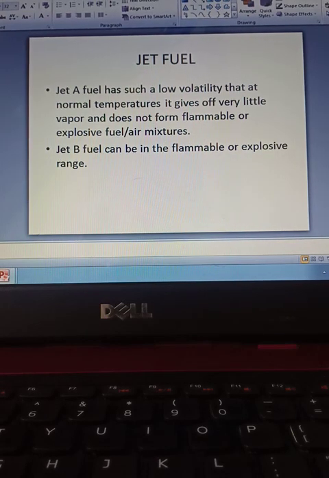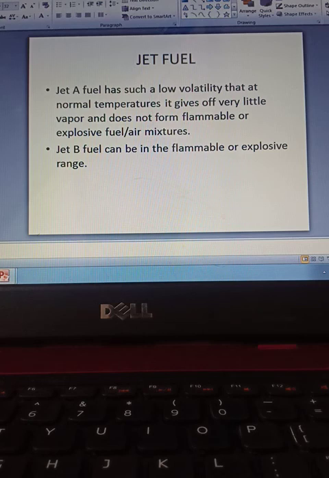Jet A fuel has such a low volatility that at normal temperature it gives off very little vapor and does not form a flammable or explosive fuel-air mixture. So this type of fuel is a kerosene type, while Jet B fuel can be flammable or explosive.